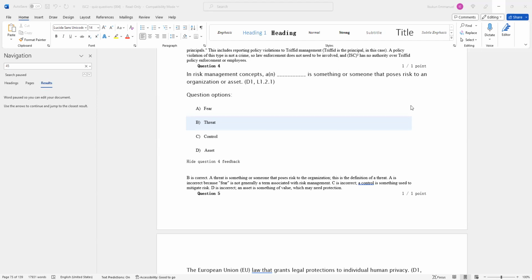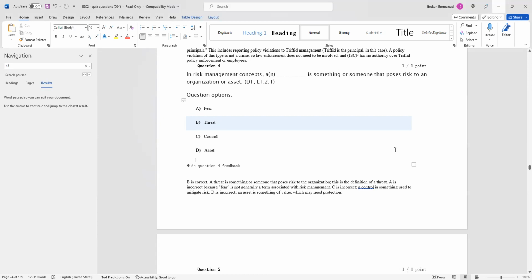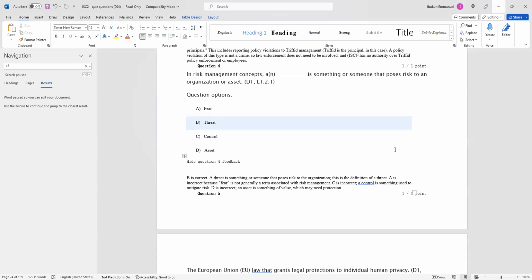So a threat is something or someone that poses a risk to an organization. And what is a control? Again, a control is anything that is used to reduce the risk. So what is a control to reduce the risk of someone walking away with a computer or a laptop within an organization?